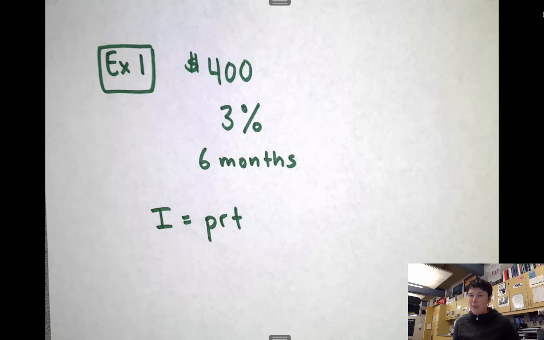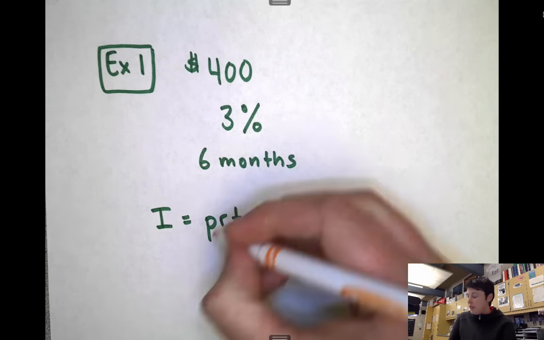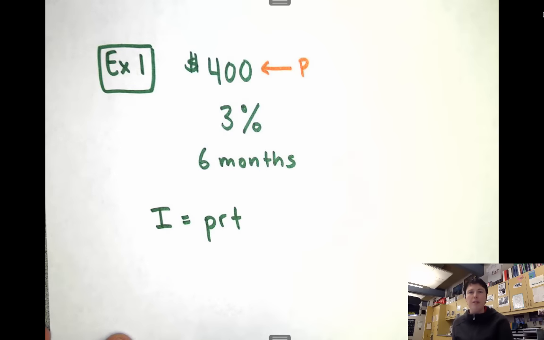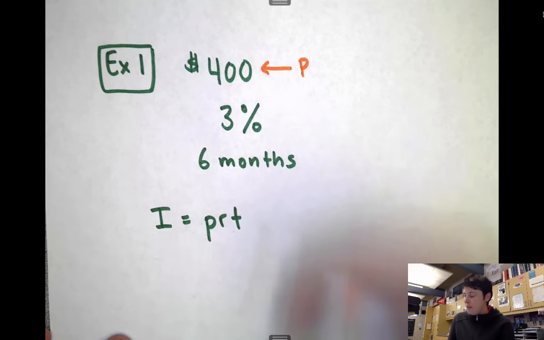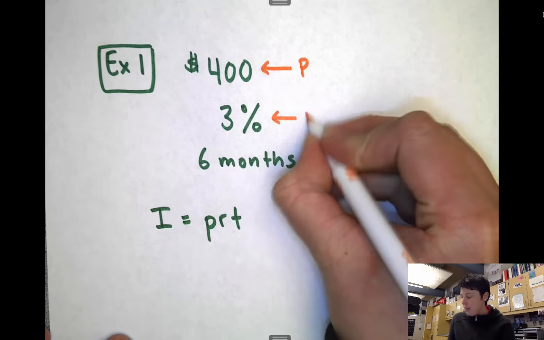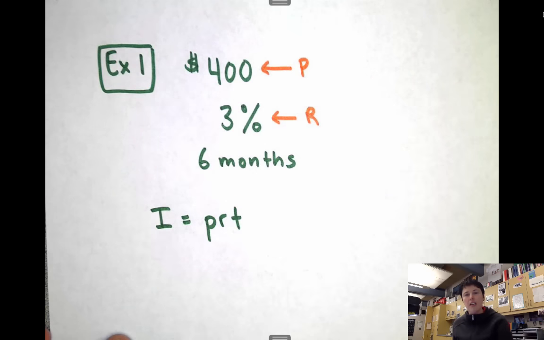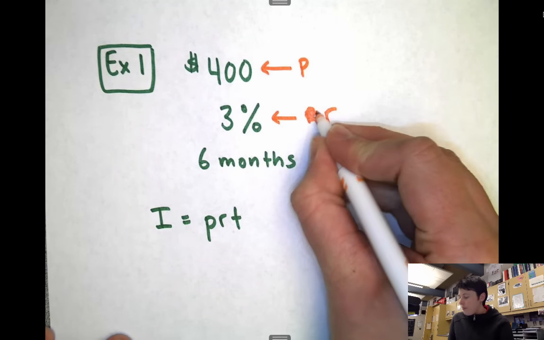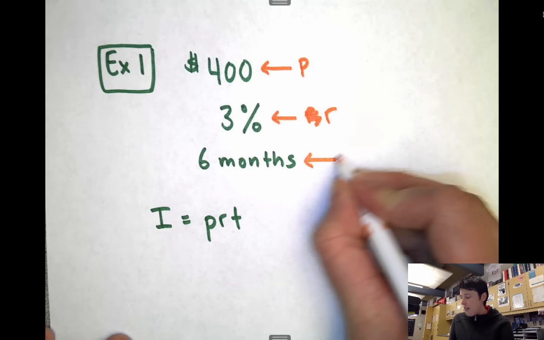We're trying to figure out what I is. P stands for principal. This is our principal, the dollars that you deposited as your beginning amount. 3% is your rate. That's your r. And 6 months, that's your time.